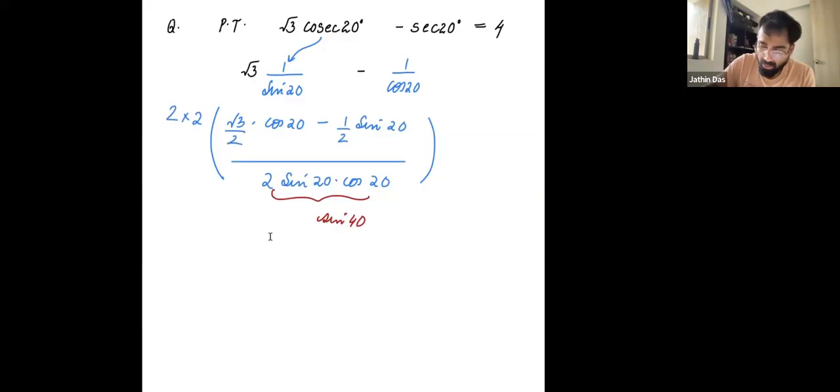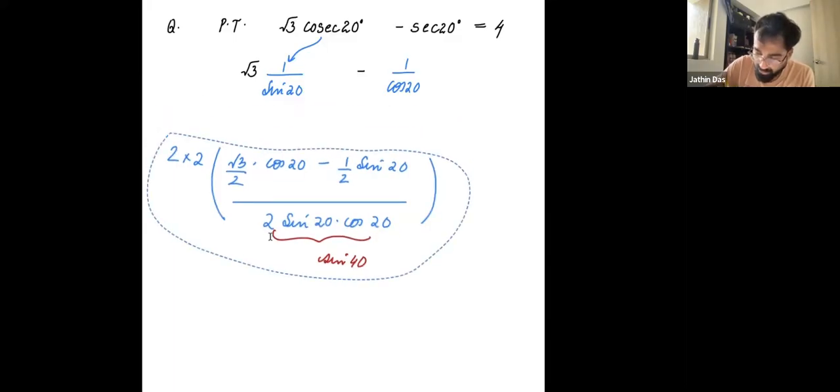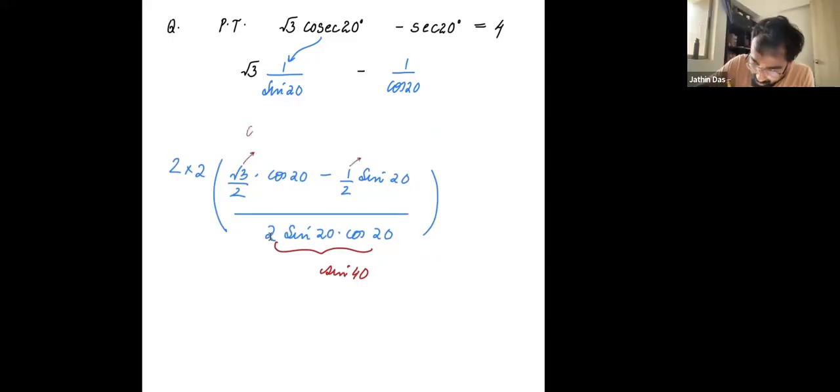Now you ask me why. I'll tell you why. So what is this value? You can tell it in cos or sine, anything. Sine is better.